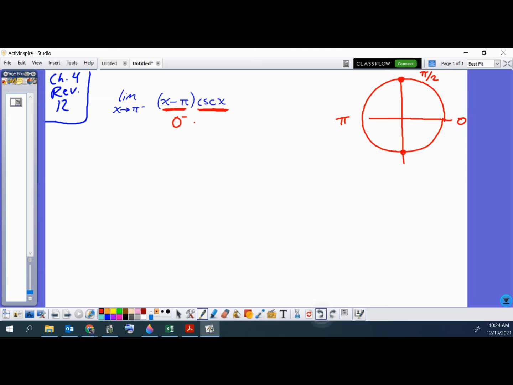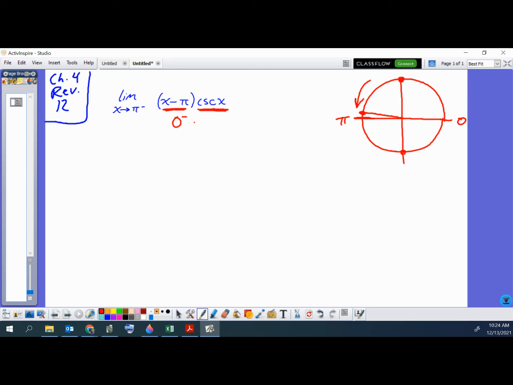In this case, since we're talking about pi from the left, it's maybe a little less troublesome. Again, if you turn your head sideways, you might be tempted to think over here, but that's not right. From the left means from lesser values, lesser than pi, which is here. Okay, so we're talking about a value really close to pi for the angle, but less than pi.